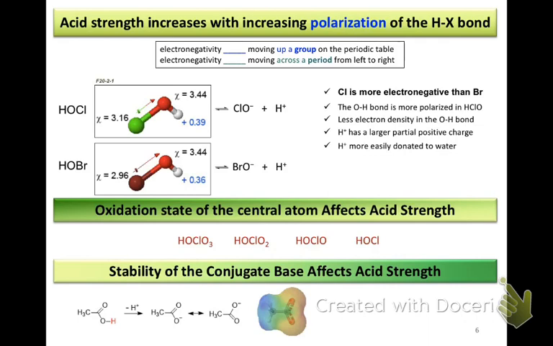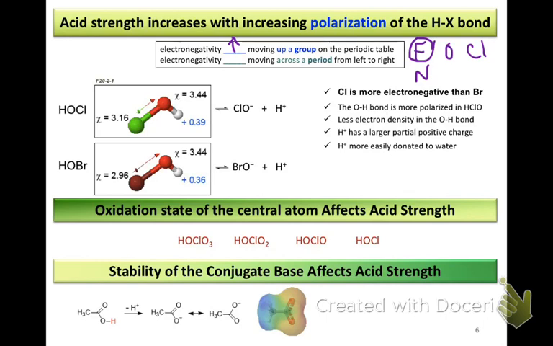These are 2 different oxyacids, and I want to remind you about the trends for electronegativity. If we're going up a group on the periodic table, you get more electronegative. In other words, you're moving closer to fluorine, which is the most electronegative element. So F would be first, then oxygen, chlorine, nitrogen, and then a bunch of other elements. But it would be good if you could remember these 4 in order, with fluorine being the most electronegative.